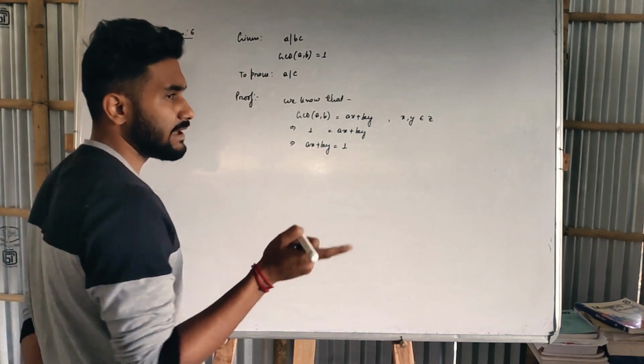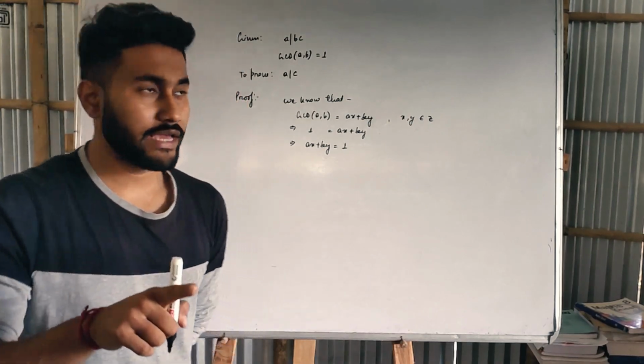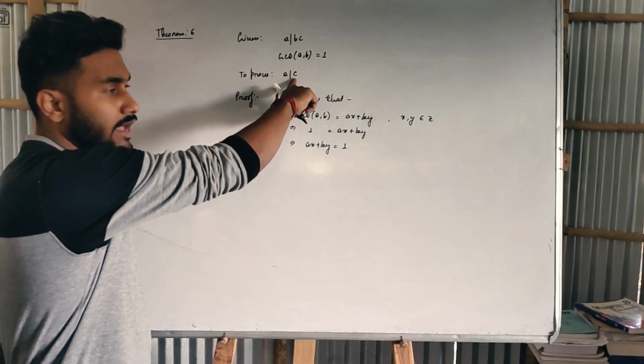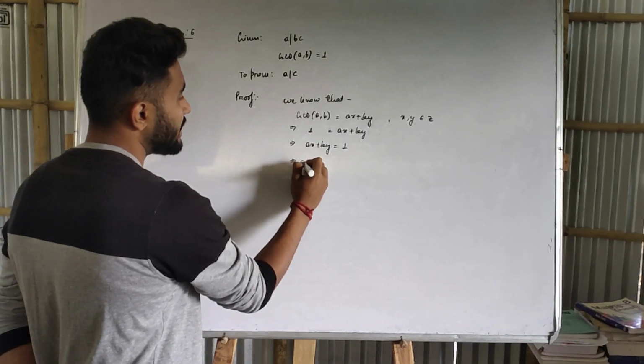Done. Now again the same technique that we have used in corollary 2, I think, that C is here, right? So I need C. So again I will multiply C on both sides.